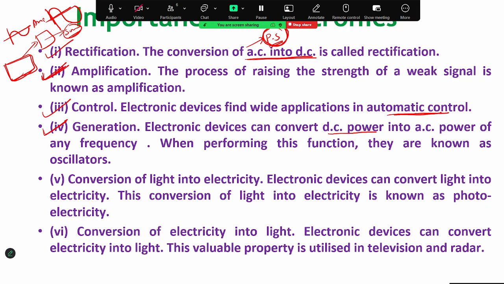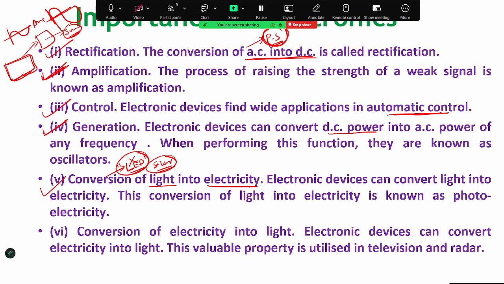And next you have conversion of light into electricity. Where do you use this? Solar panels: through the solar panel we generate electricity, converting sunlight into electricity.